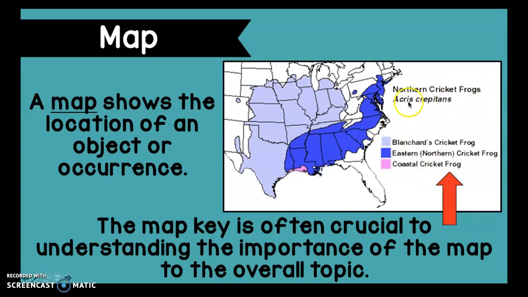So this is telling us about the northern cricket frogs. It shows you the light purple, which are the Blanchard's cricket frogs. The blue is the eastern northern cricket frog. And then here in the pink is the coastal cricket frog.